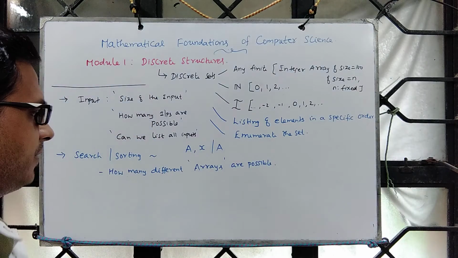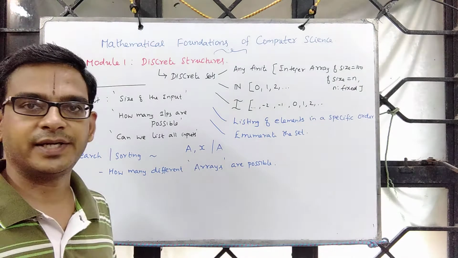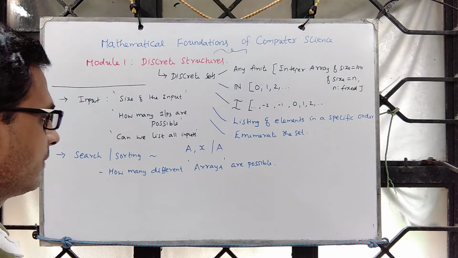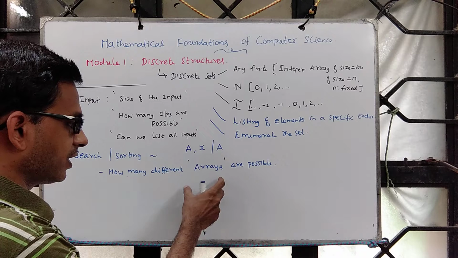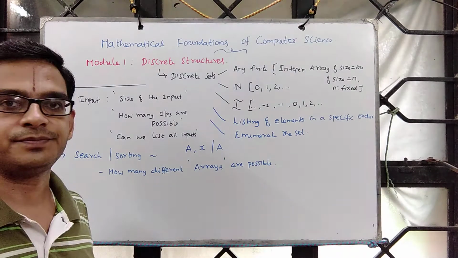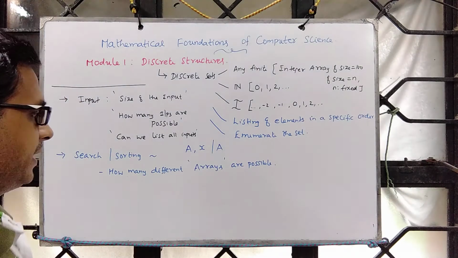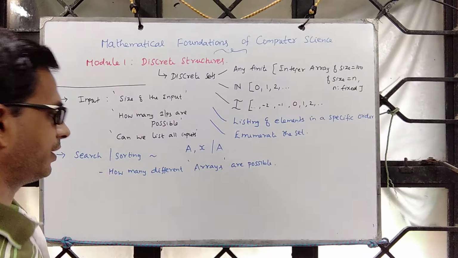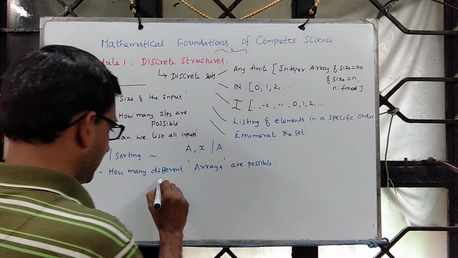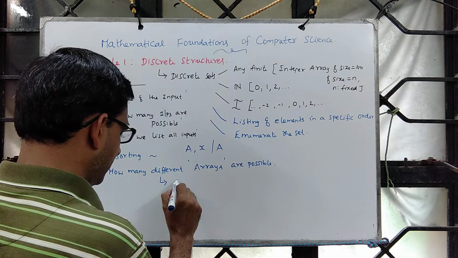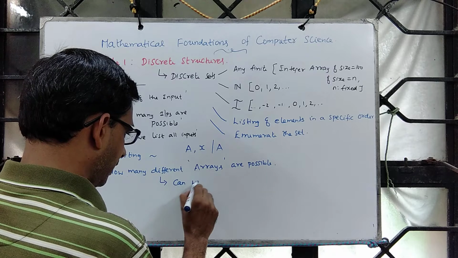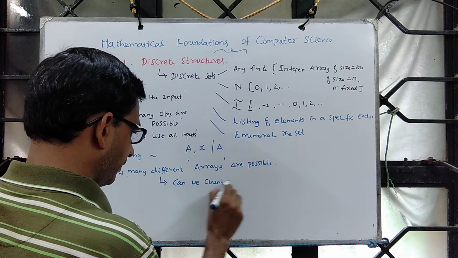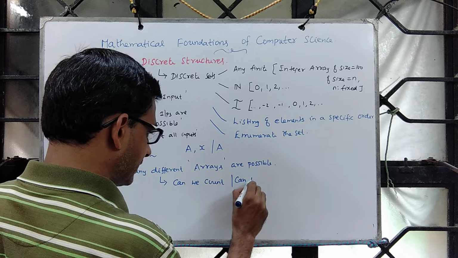If it's an integer array, we ask how many different integer arrays are possible, things like that. And we are interested in counting such a set. And we are interested in listing all of them. How many different inputs are possible? Can we count? Can we list?